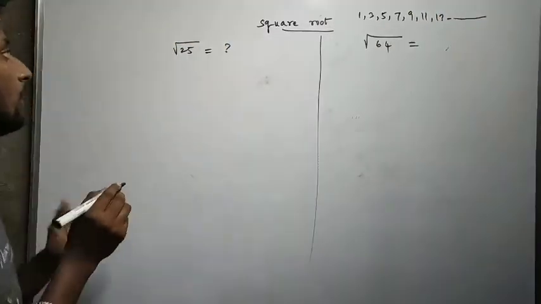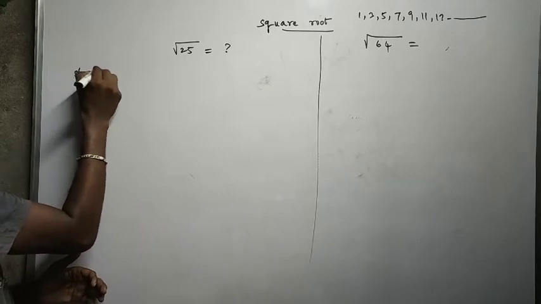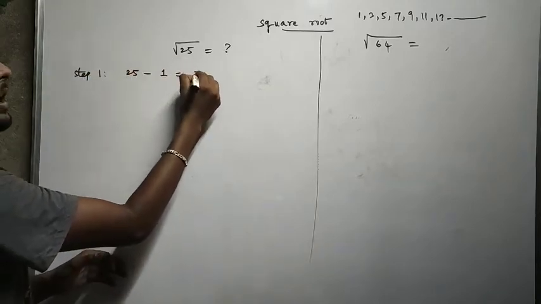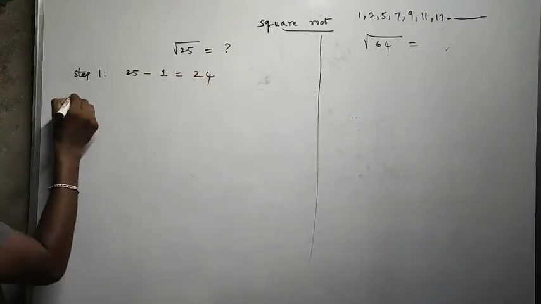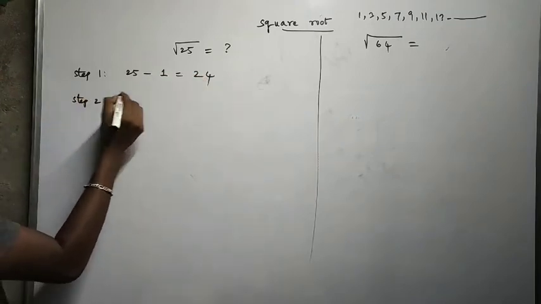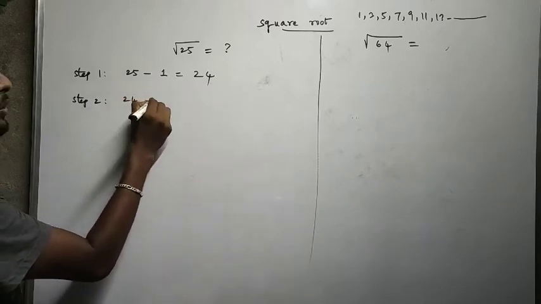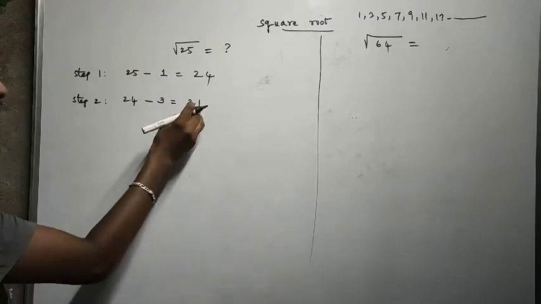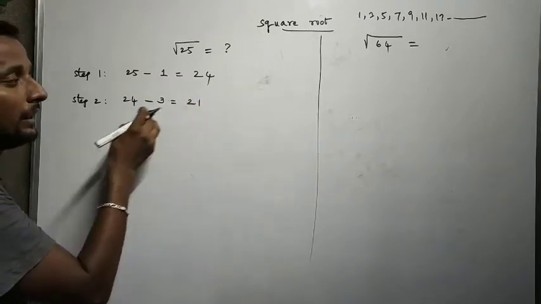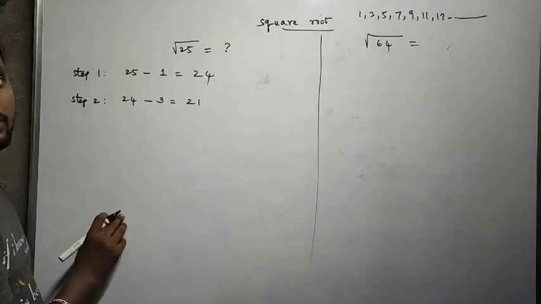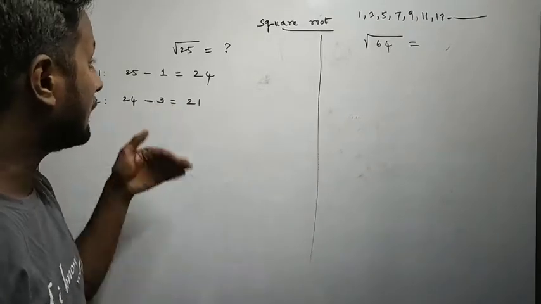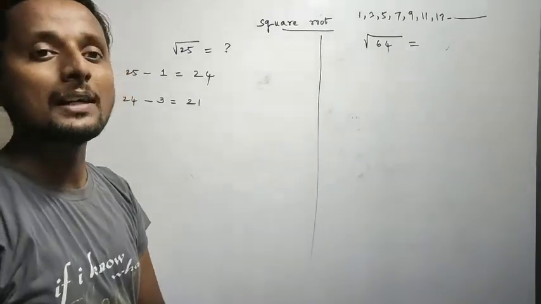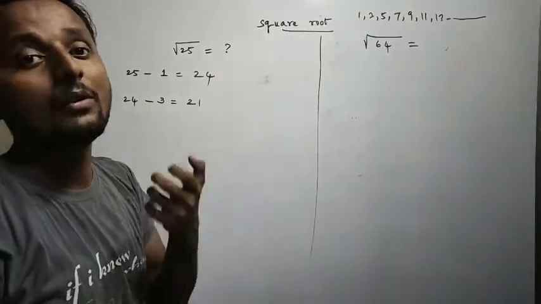Now step 1: 25 minus the first odd number 1, answer 24. Step 2: 24 minus the next odd number 3, answer 21. So we take the remaining number and subtract the next odd number. This process continues until we get 0.